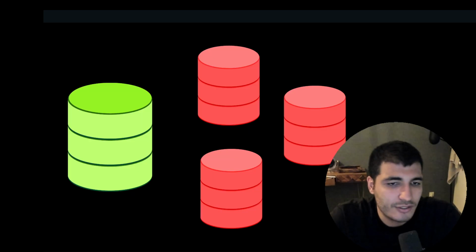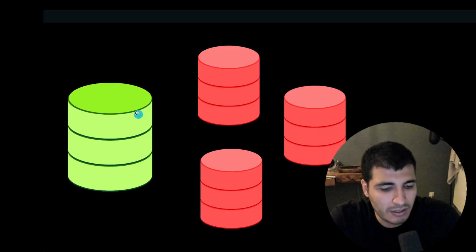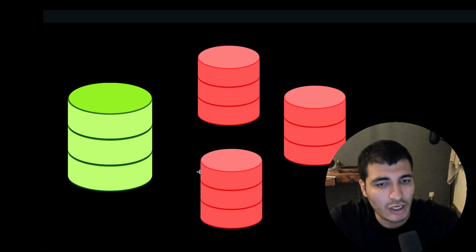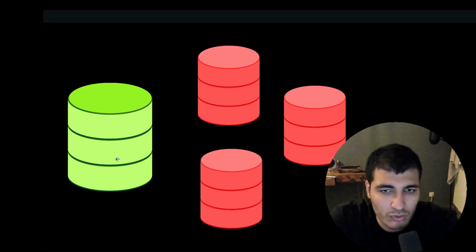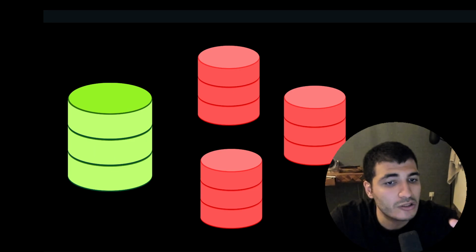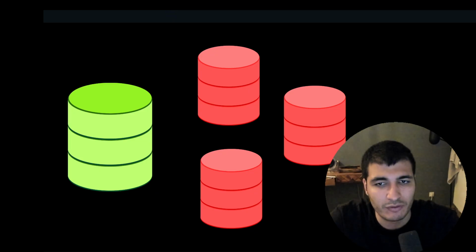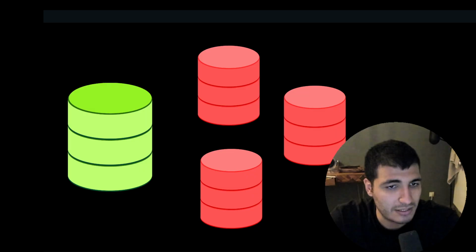Instead of one giant database, as you can see here, we have three. So instead of one giant database handling everything, the workload is distributed across multiple smaller servers, significantly improving scalability and performance for very large data sets.